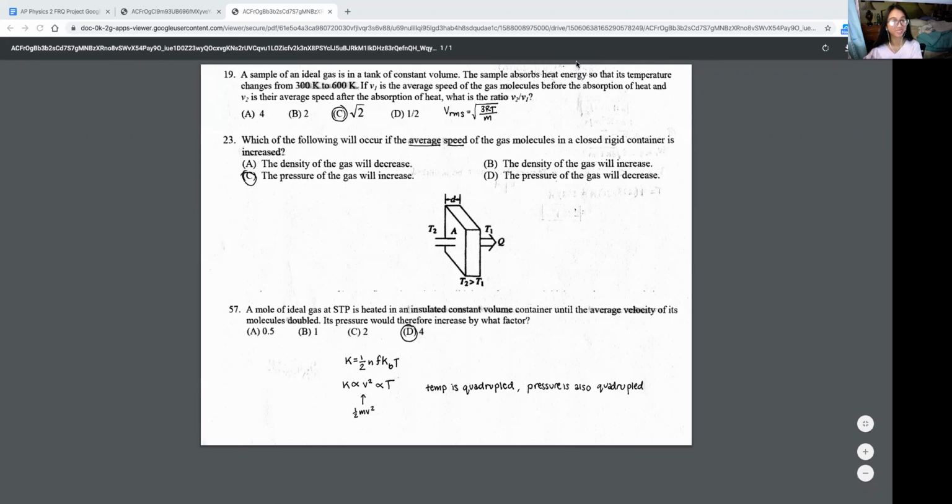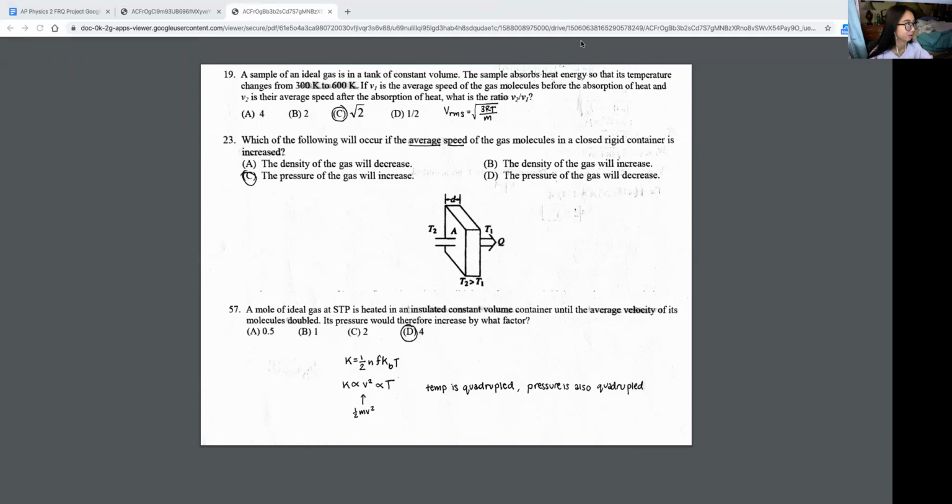A sample of an ideal gas is in a tank of constant volume. The sample absorbs heat energy so that its temperature changes from 300 Kelvin to 600 Kelvin. If V1 is the average speed of the gas molecules before the absorption of heat, and V2 is their average speed after, what is the ratio V2 over V1? We know that v_rms is equal to the square root of 3RT over M. Give me a second, my dad is calling me.